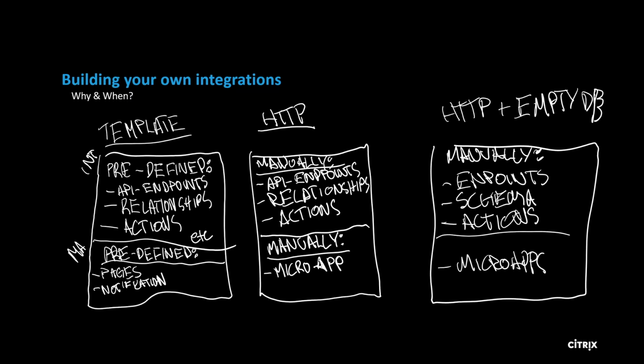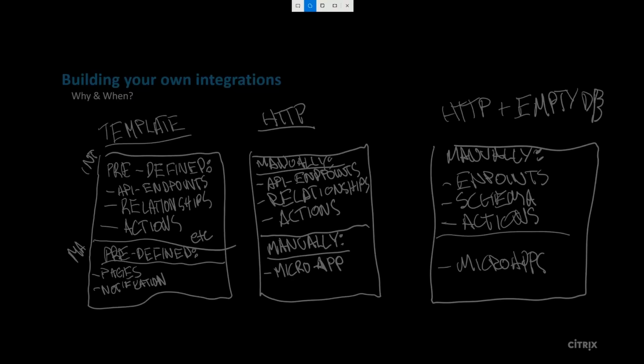And you can use an empty database that accepts REST calls, so might be MySQL with a REST wrapper around it, or in our case for this demo, we're going to use RESTDB.io to grab and send JSON data to the actual database. So, moving on.